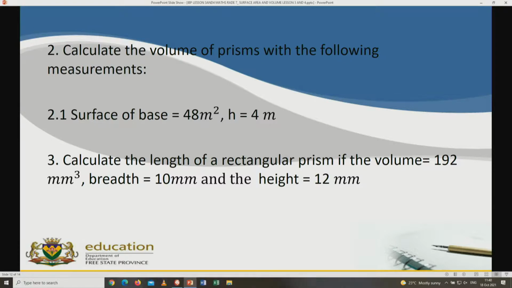The volume is already given, but we need to calculate the missing side of this rectangular prism. Therefore, if you like, you can try to have a little sketch where you will show that. It is indicated that the volume is 192 cubic millimeters.